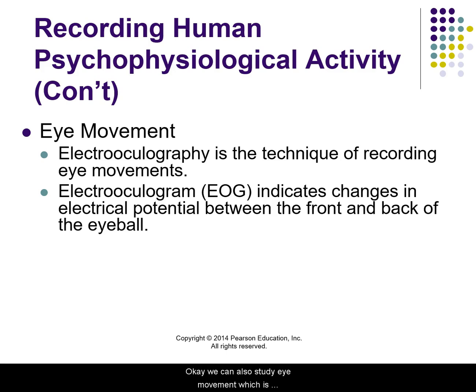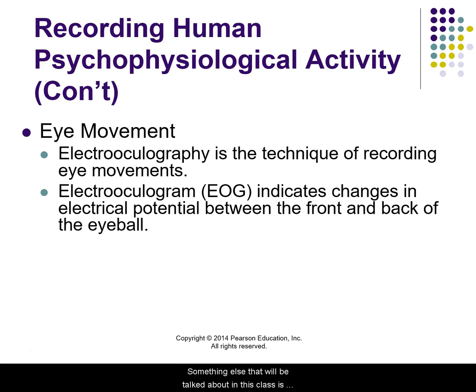Okay, we can also study eye movement, which is electrooculography, or EOG. This indicates the changes in electrical potential between the front and back of the eyeball. So again, if somebody is relaxed, you could help them with that. They also often hook up an EOG during sleep studies.